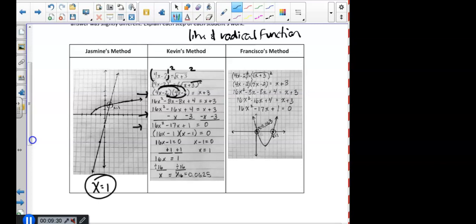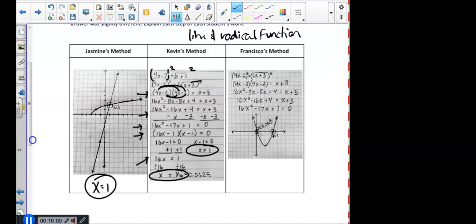He then chose to factor, and he factored that into 16x minus 1 times the quantity x minus 1. Recall, once we get our factors, we set our factors equal to 0 and solve for x. So on this side, Kevin got a value of x equals 1/16, and on the right side, Kevin got a value of x equals 1.